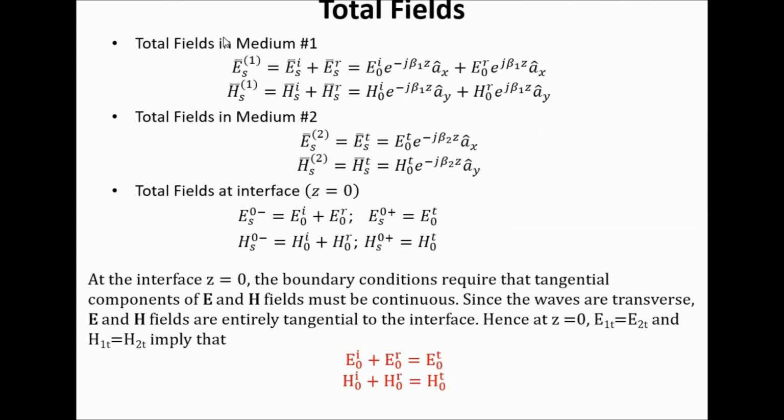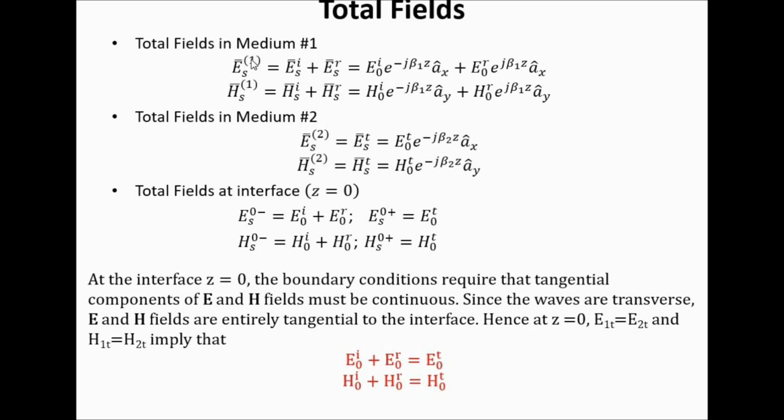Now if you look at medium 1, you will find two electric fields and two magnetic fields. One is the incident electric field and the other is the reflected one. If we add the incident and reflected electric field together, that is called the total electric field in medium 1. In medium 1, we use the suffix 1 here, in parentheses.